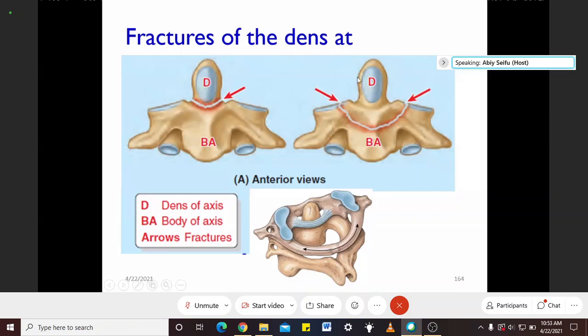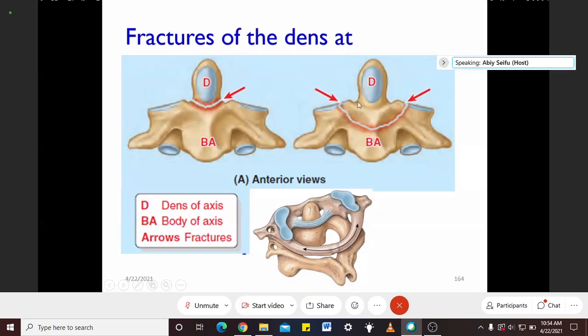But in the case of a fracture that occurs at the base of the C2, the healing process is faster and easier, because the transverse ligament passes over here. This is the facet where the anterior arch of C1 articulates, and just at the level of this there is also a facet for the transverse ligament.